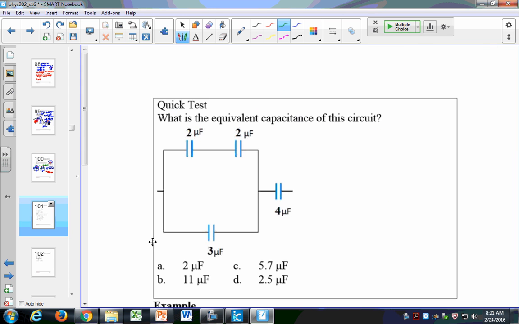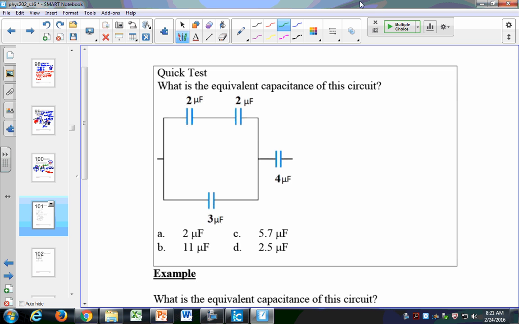Let's try this quick test, and we'll wrap it up. What is the equivalent capacitance of this circuit? Try just looking at it for a second without actually putting your pencil to the paper.